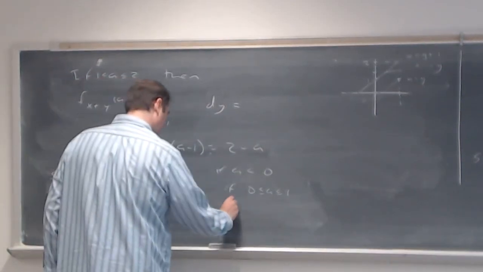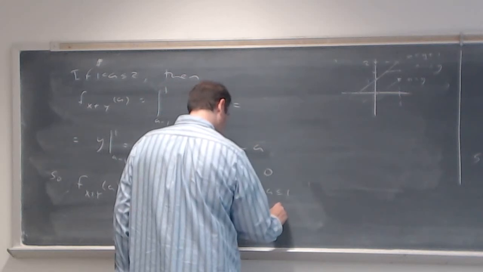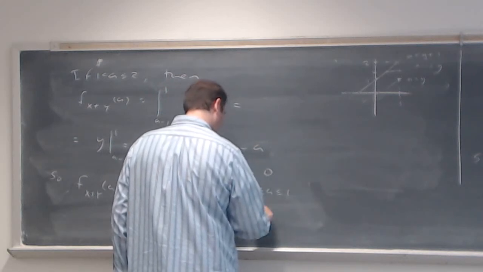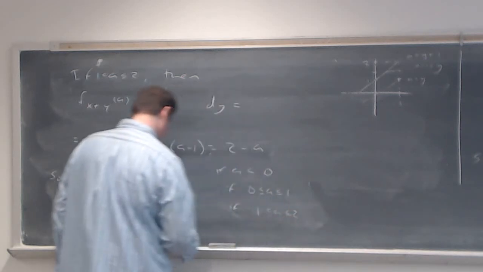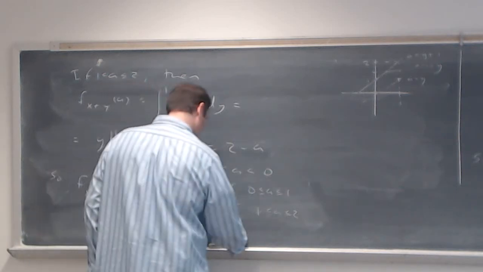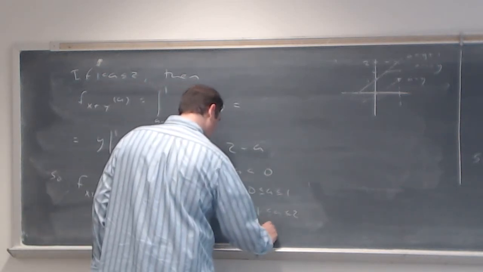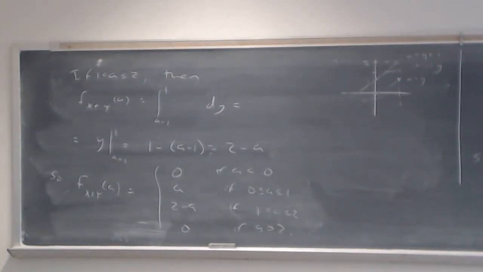We did that earlier. If 1 is less than a is less than or equal to 2, then here we get 2 minus a. And we get 0 outside of this, so if a is bigger than 2, that's what we get. So that is the PDF of x plus y for two independent uniform random variables.